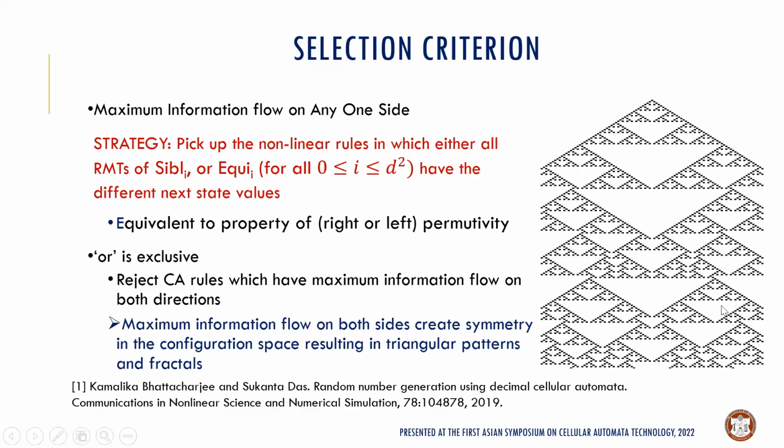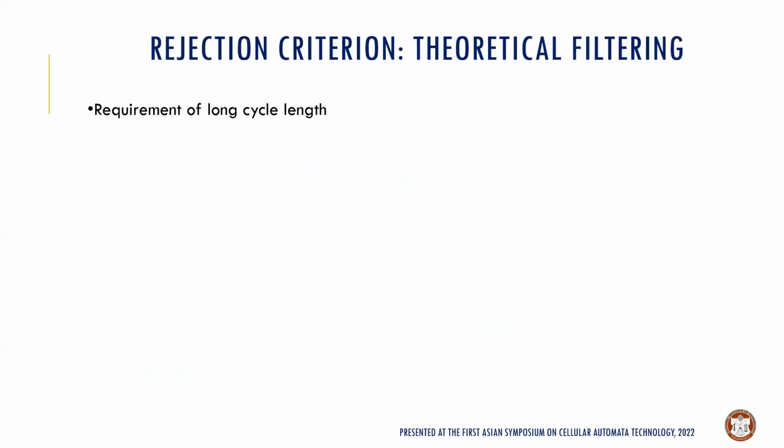For example, rule 90 has maximum flow of information from both directions, and it creates such a figure where you can clearly see the fractals, Sierpinski triangles, which is not useful as a random number generator. So we reject those CAs.